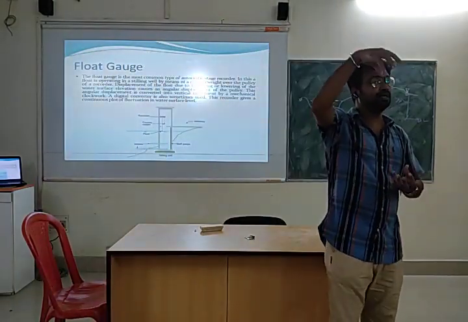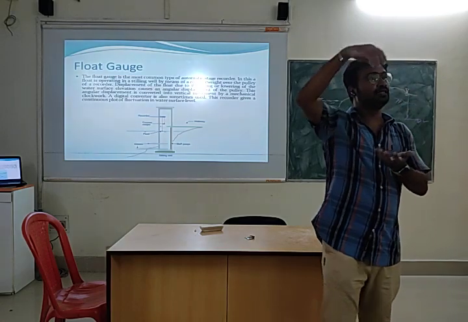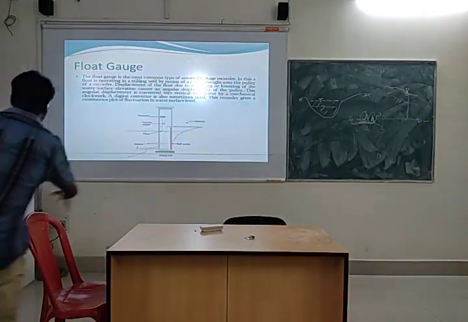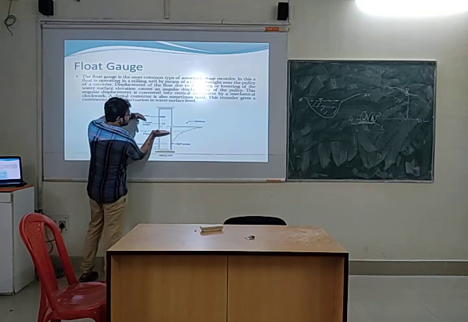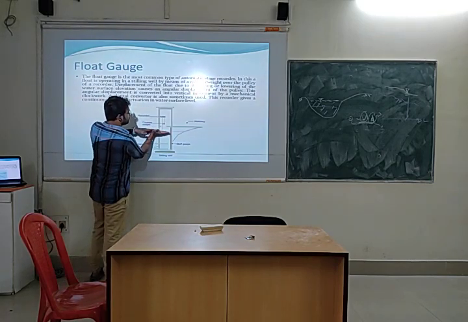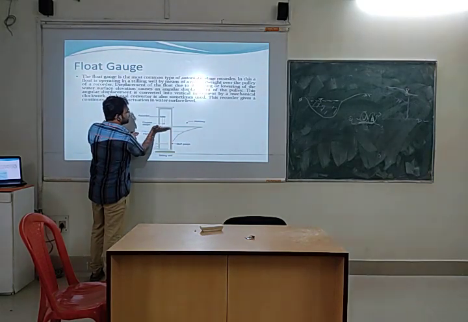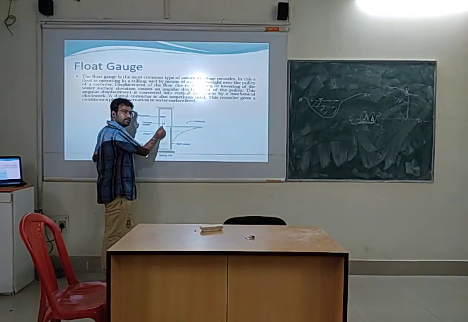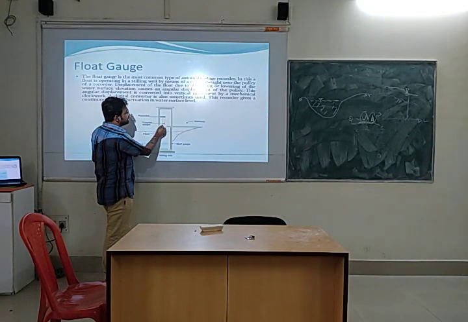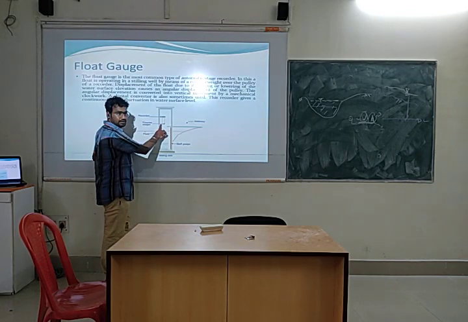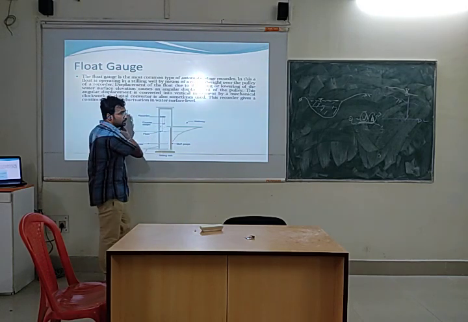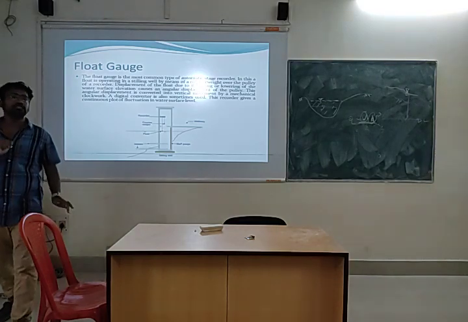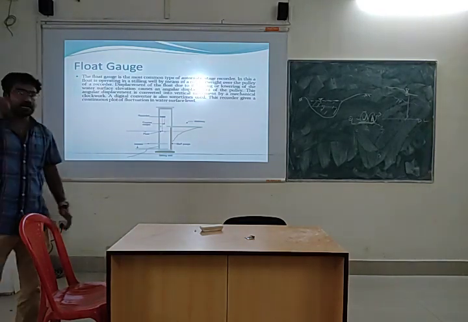Suppose the water level is rising, then this float will be rising, and the wire will be shortened. That is why a counterbalance or counterweight is provided so that the pulley can be rotated.